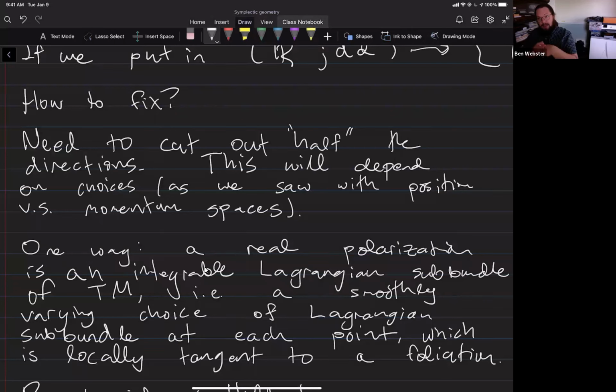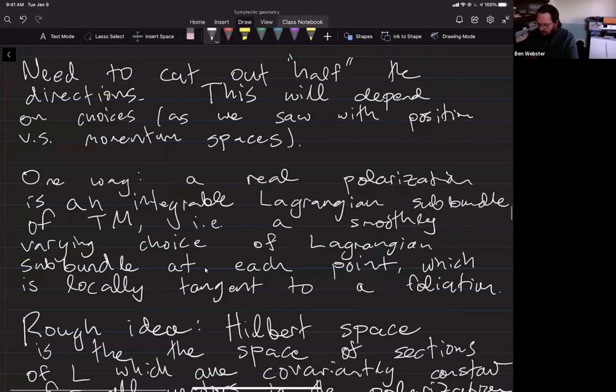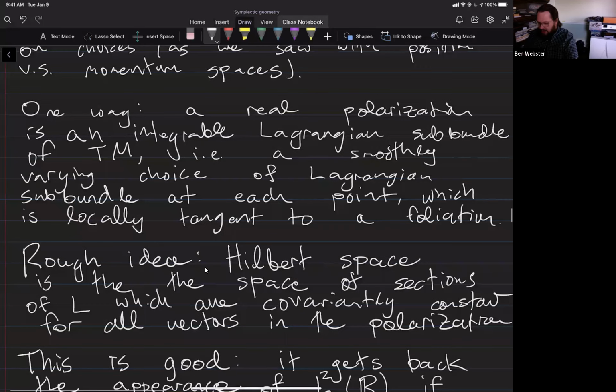This is what the integrable part tells me. And the rough idea then is that the Hilbert space should be the space of sections of my Hermitian line bundle, not all of them, only the ones that are covariantly constant for all vectors tangent to the polarization. So it should be constant along the leaves of the polarization.